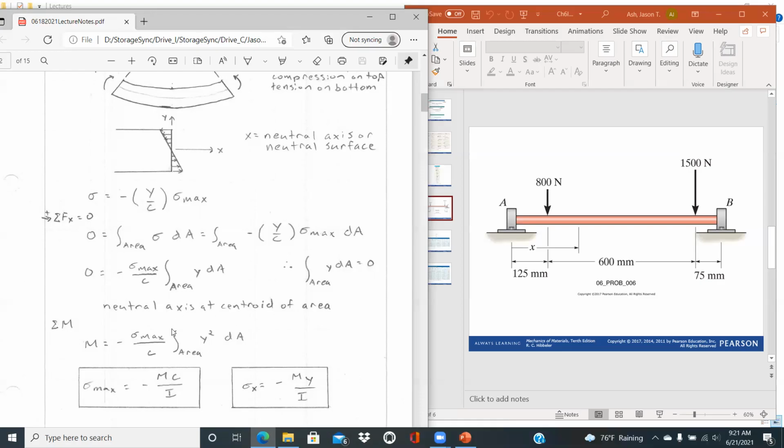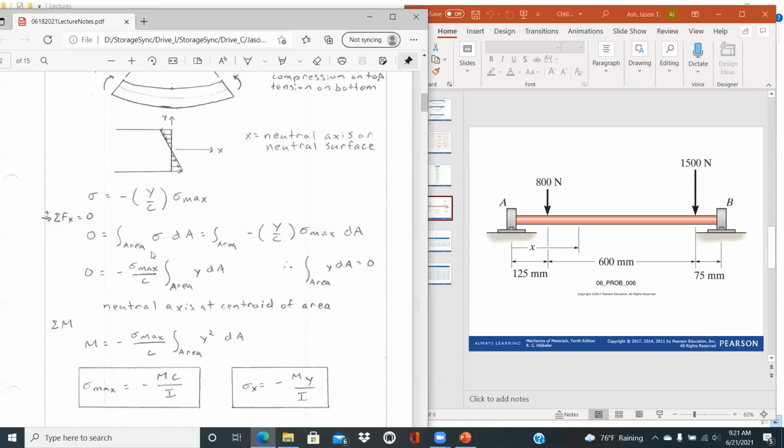And this term, the integral over the area of y squared dA, is equal to your area moment of inertia, I. And so if we make that substitution in for I, you can solve for sigma max as minus Mc over I. Moving c up to the numerator here and dividing through by I will give you your expression for sigma max.